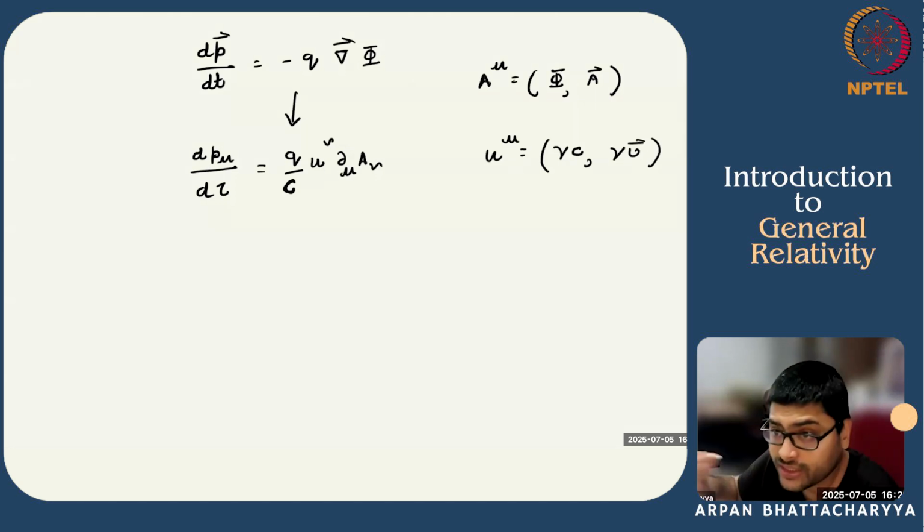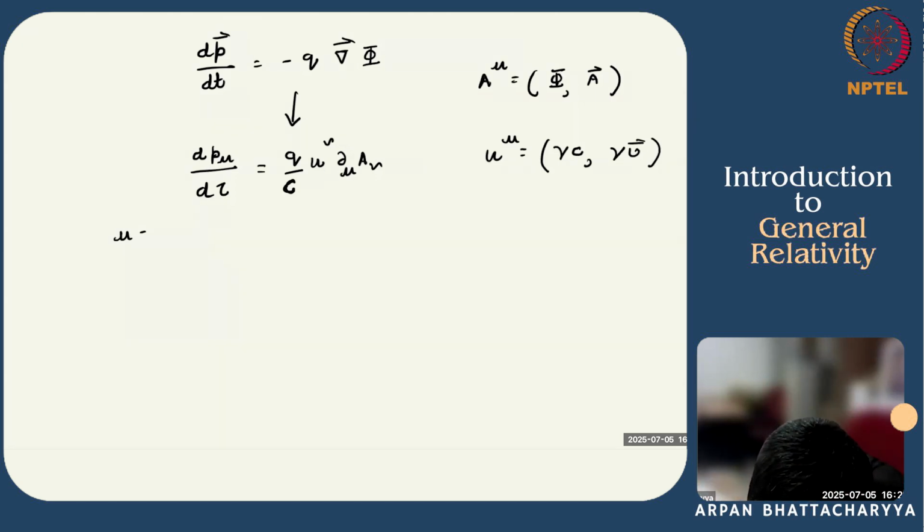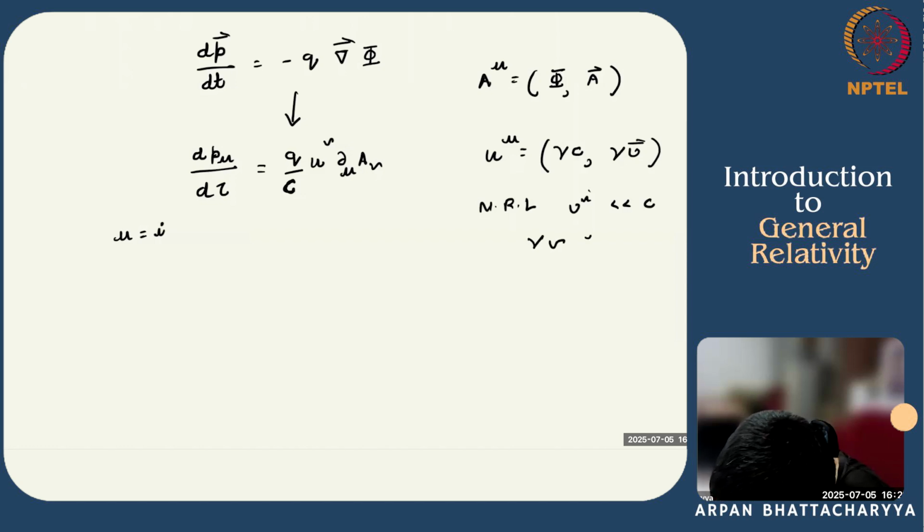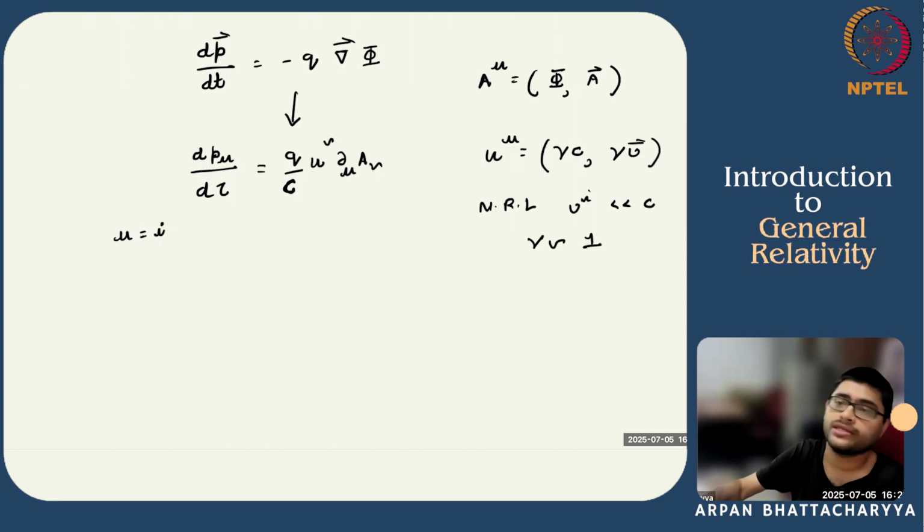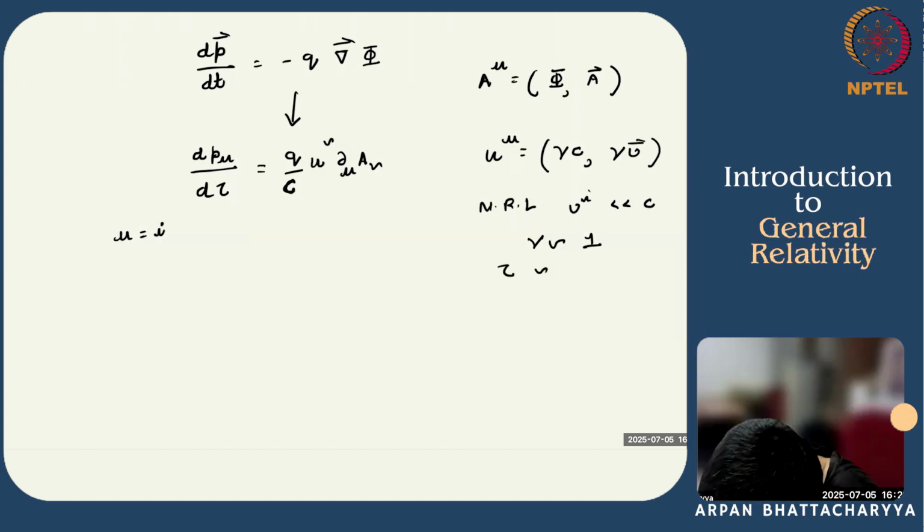So in the non-relativistic limit, if you take a look at the spatial component of the equation, that is, mu equal to i component, in that limit where all these v's are very, very small compared to c, gamma is equal to 1. Remember, gamma is 1 minus v squared by c squared raised to the power minus half. v by c is very small, so gamma tends to 1 in that non-relativistic limit, and tau goes to t.